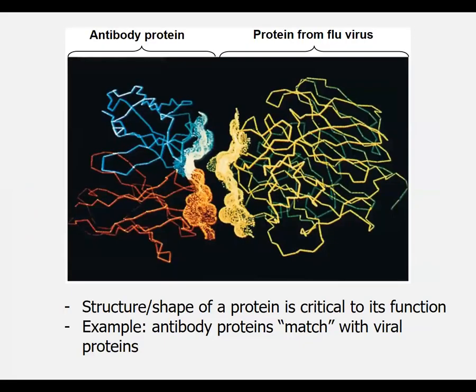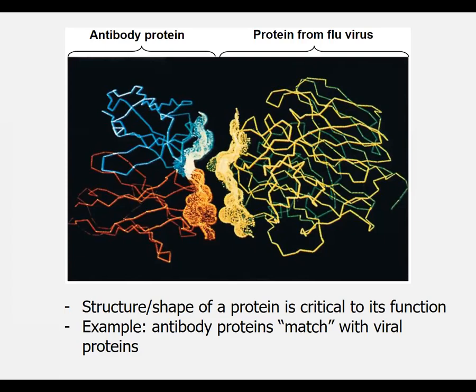Oh yeah, I wanted to show you this. So this is kind of interesting. So here we have an antibody protein and then a protein from a flu virus. So you can see how the antibody protein, so this would be, say, what you have in your body if you got the flu vaccine. So you have the antibodies for the flu. That vaccine basically tells your body what antibodies to make.